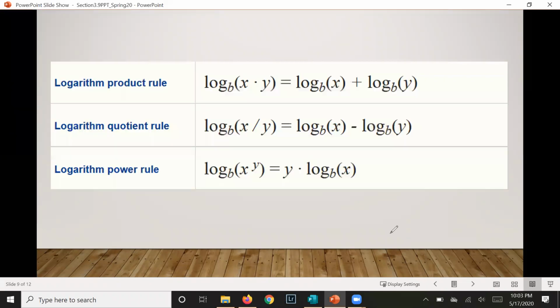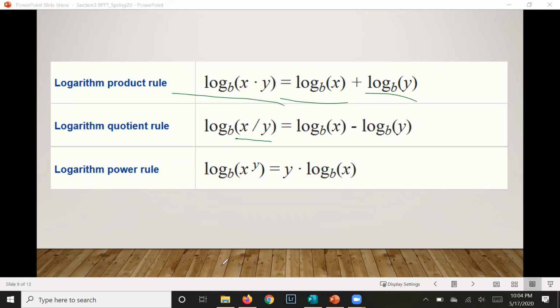Okay, so before we do another example of that, I just want to remind you of some logarithm rules. Remember, your logarithm product rule is if you have the log of two things being multiplied, you can write that as the sum of the logs of those things. Notice it's the log of the first plus the log of the second.